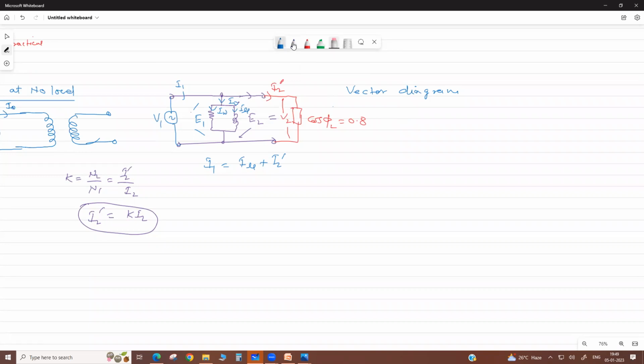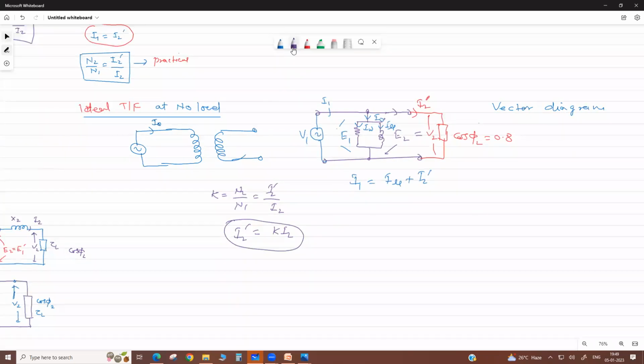Correct. Because this is the load power factor, at no load only the transformer coils are there. They are highly inductive. So this is the transformer at no load. It takes I naught. If we put a wattmeter here, we can measure the input power, or by voltmeter and ammeter we can measure the input power.